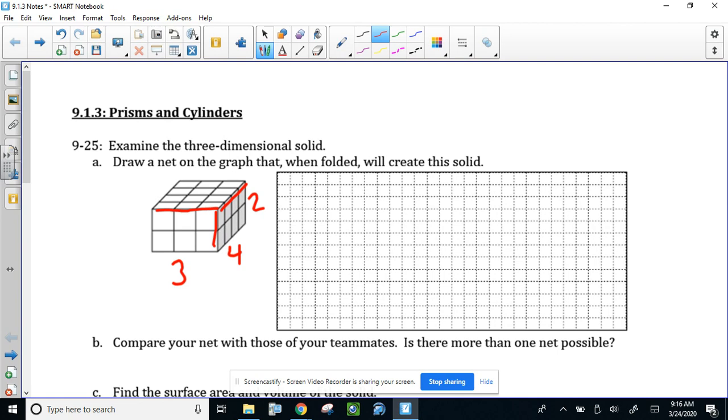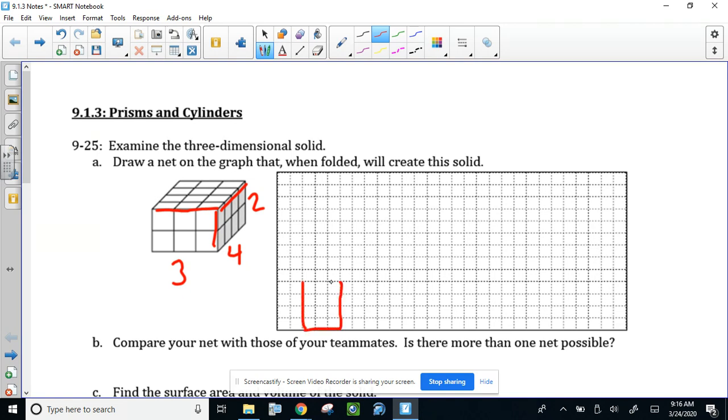So what we're going to do is create a net, an unfolded version of this solid. So let's see here. If I started, I could have this shape being 3 by 4. So if I do this, I could go 1, 2, 3, 4, 1, 2, 3.